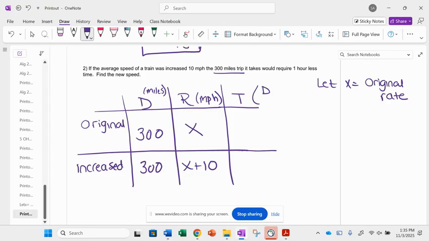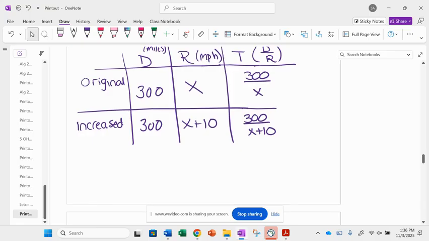And then remember, the time is the distance divided by the rate. So we're 300 over x and then 300 over x plus 10. Okay. If the average speed of the train was increased 10 miles per hour, the 300 miles trip would take 1 hour less time.